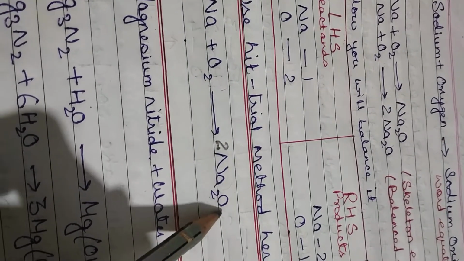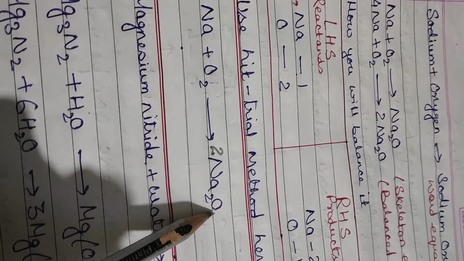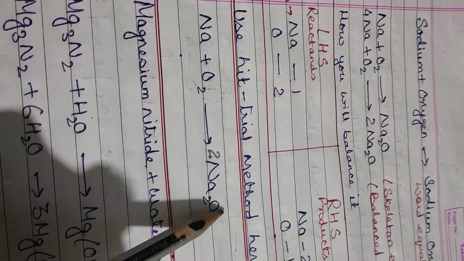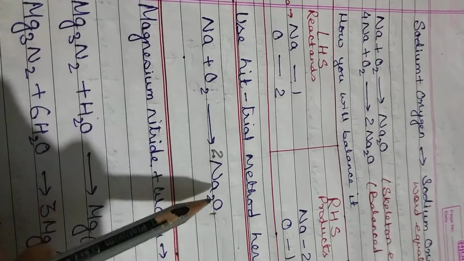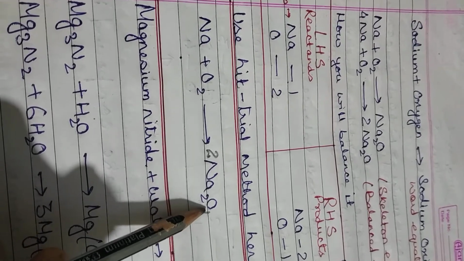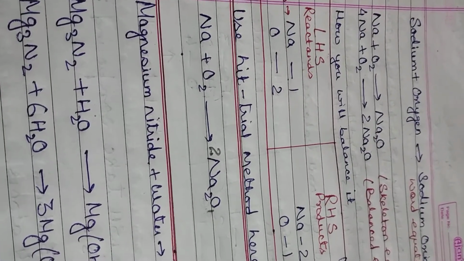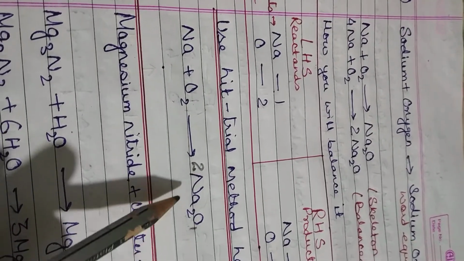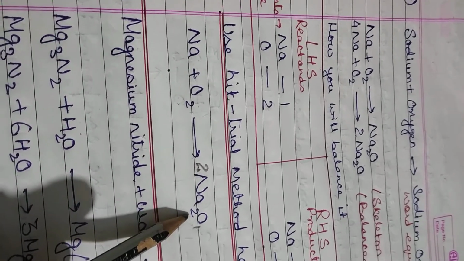Now oxygen is 1 here. Then 2 1s are 2. Then oxygen is 2 here. Now oxygen is balanced here. Oxygen is 2, then on the right hand side also oxygen has 2 atoms. Now comes the point of the second element, that is your sodium. Sodium has 4 atoms. 2 2s are 4. Then what will you do here?